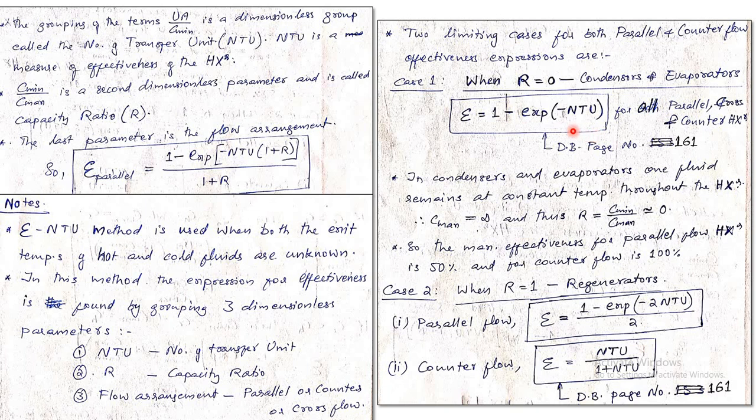You can get the same equation if we substitute R equal to 0 in the counter flow expression also. In condensers and evaporators, one fluid remains at constant temperature along the length, so R equal to 0. So the maximum effectiveness for a parallel flow heat exchanger is 50%, and for a counter flow heat exchanger, if it is a condenser or evaporator, it will be 100%.